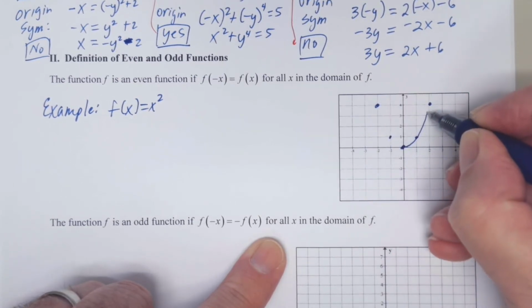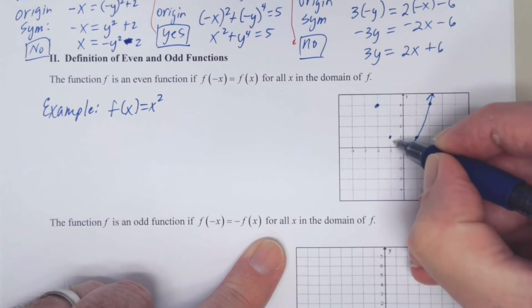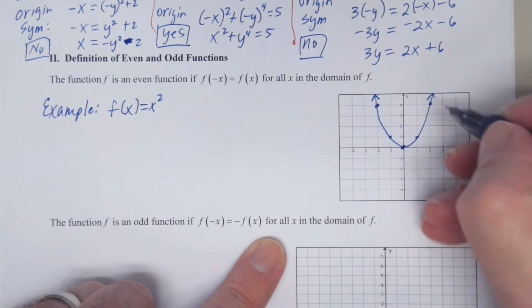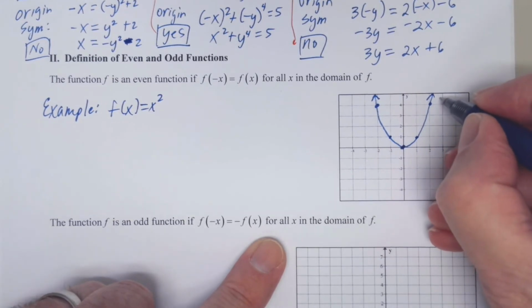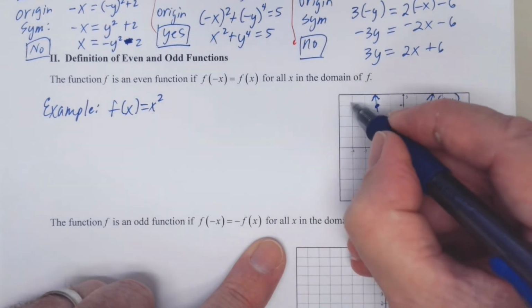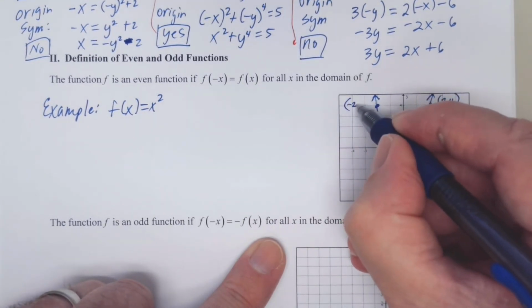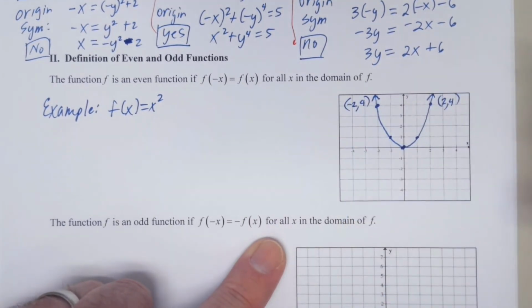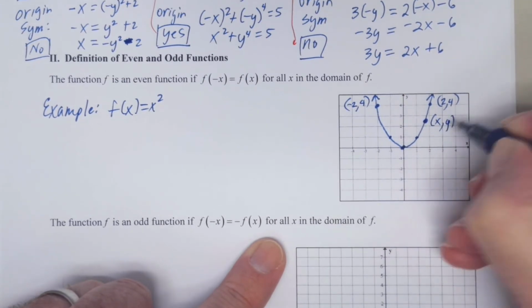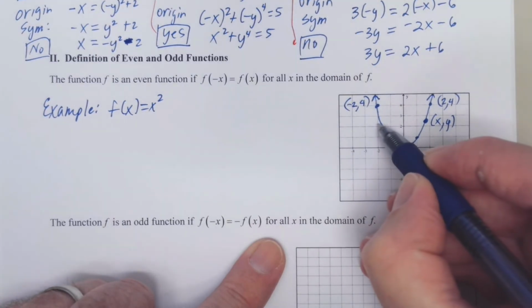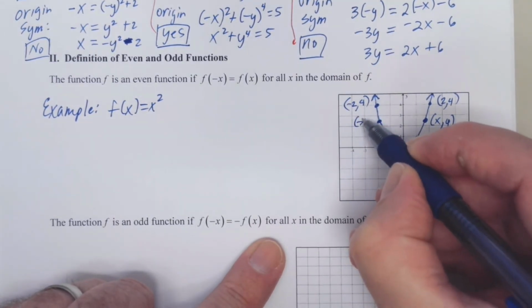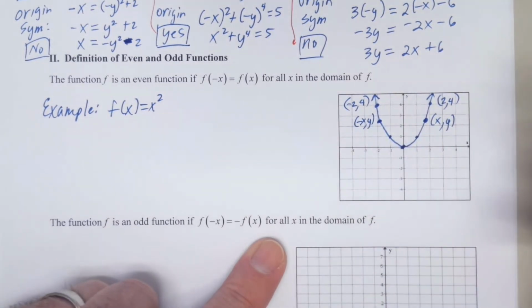Looks something like that. It's a parabola. All right, so notice we have this point 2, 4, and over here negative 2, 4. And in fact, for any point x, y here, we have minus x, y over here.